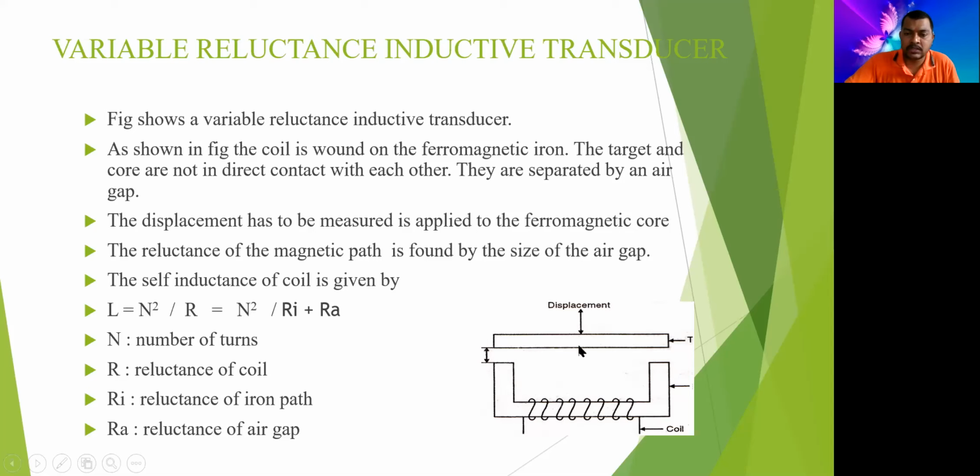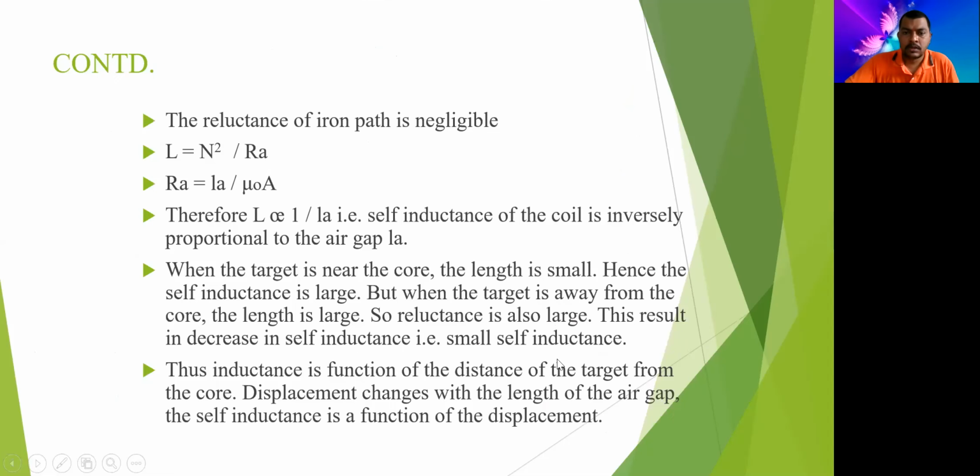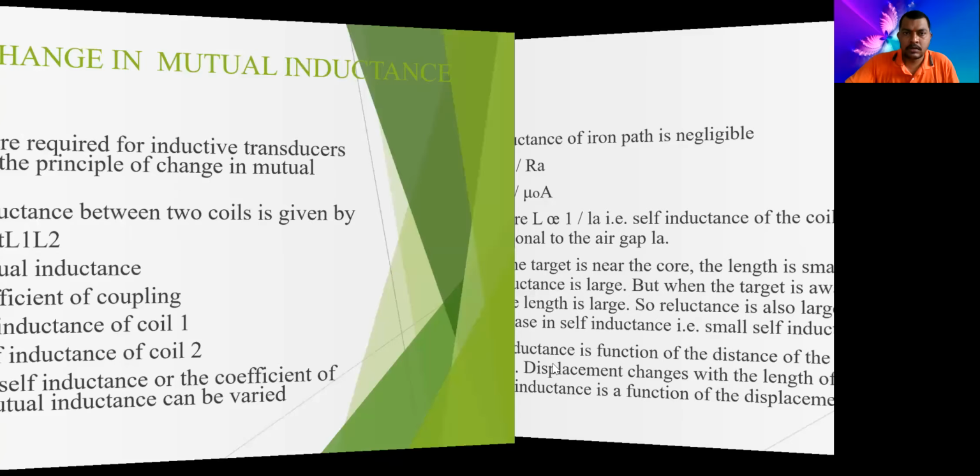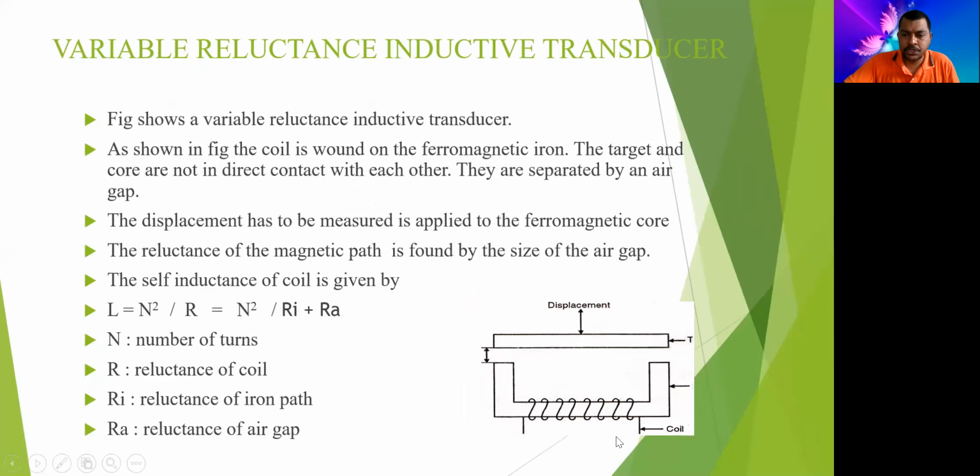So we are having two reluctances, one which is really associated with this coil and the other due to the displacement of this core.